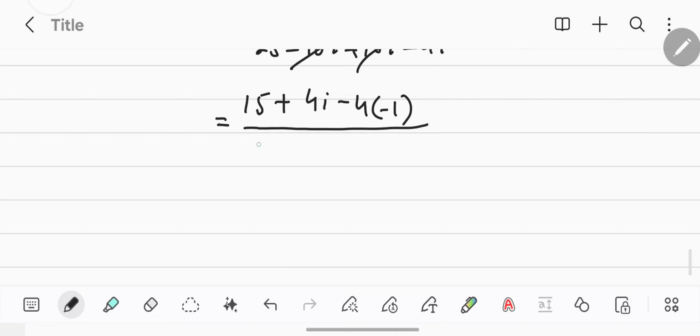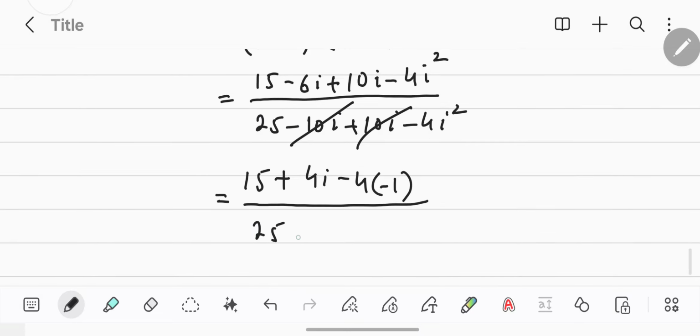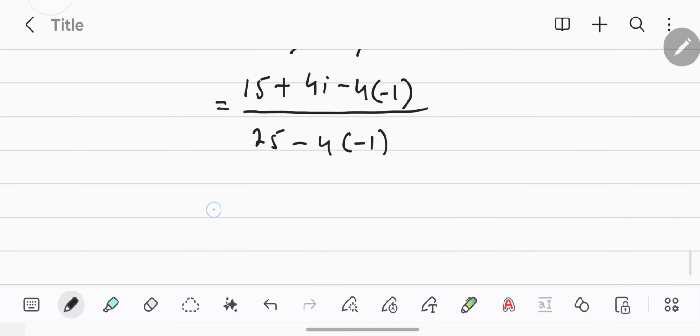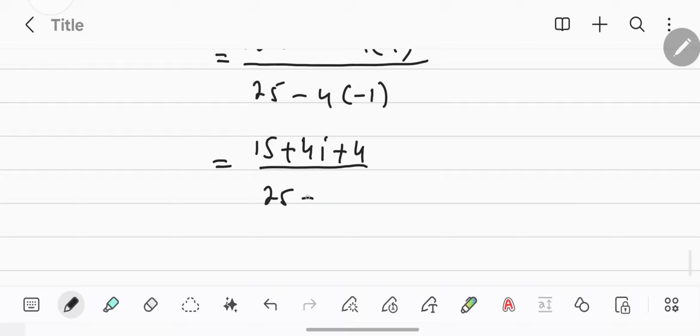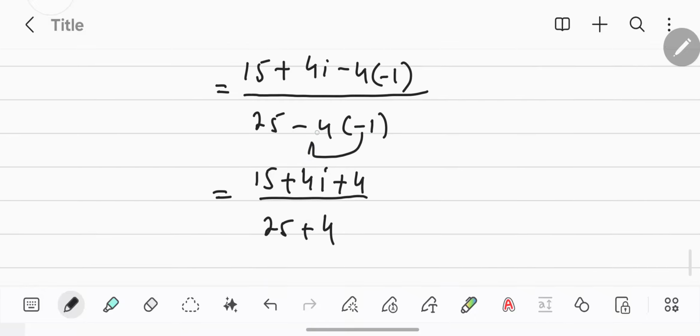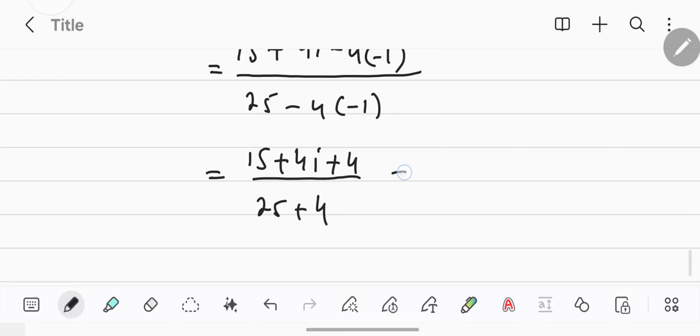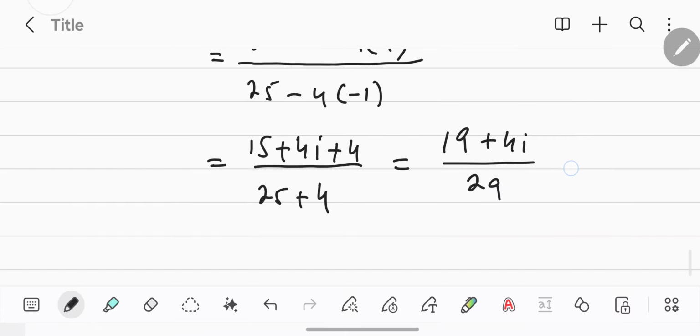These two terms will be cancelled. 25 minus 4 times iota square is again minus 1. 15 plus 4 iota, minus 1 times minus 4 is plus 4. 25 plus 4, because minus 1 times minus 4 is plus 4. Okay, 15 plus 4 is 19. So I will write 19 plus 4 iota over 29.